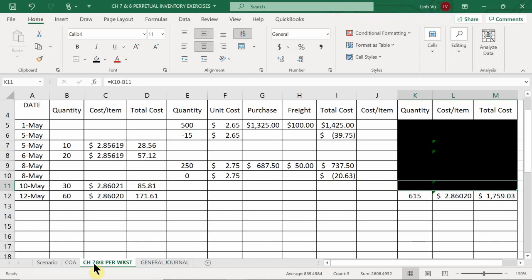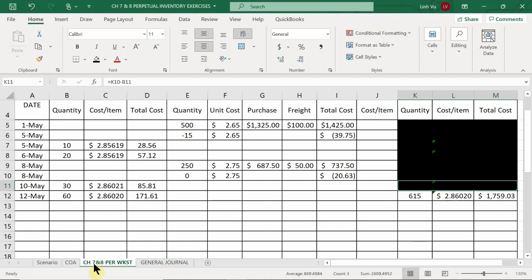You would just take a look at your cost of goods sold, or in this case, your average cost per item, and you're going to use whatever the current cost is. So unfortunately, you can't just go back into the past and undo it exactly how you see it. So if right now it costs you $2.8602, then that's what you're going to use.